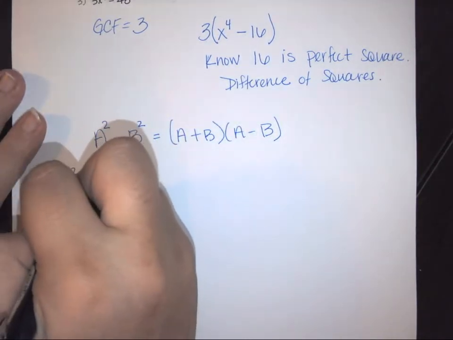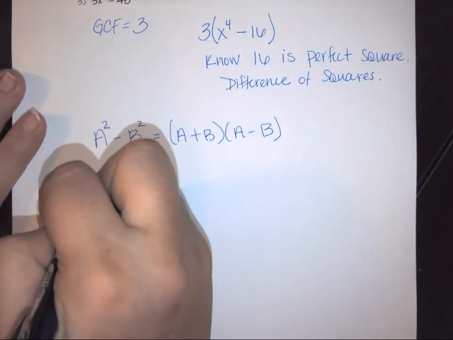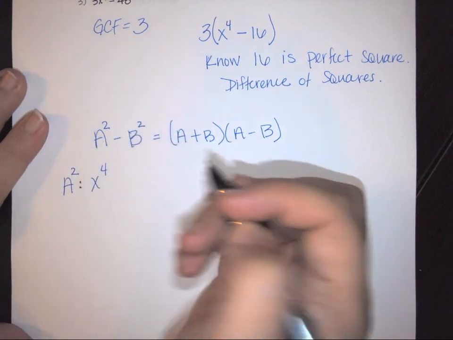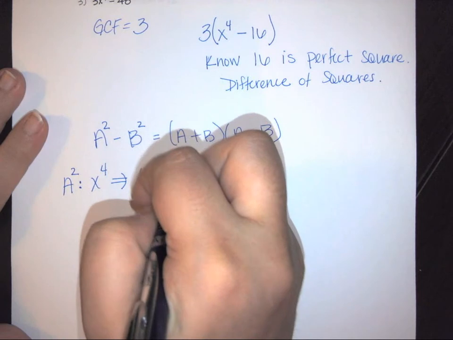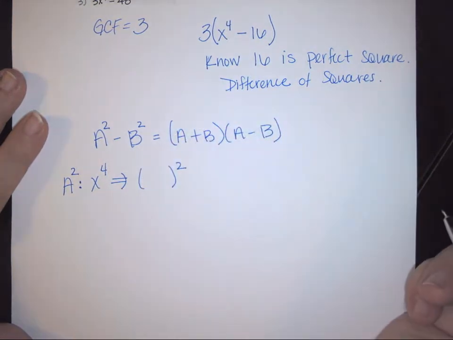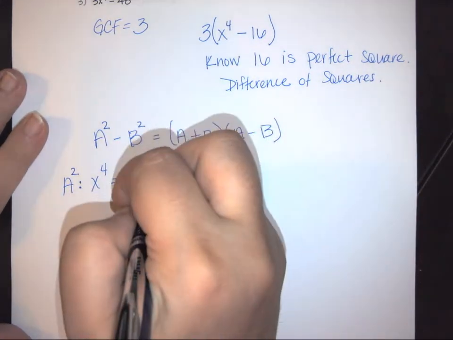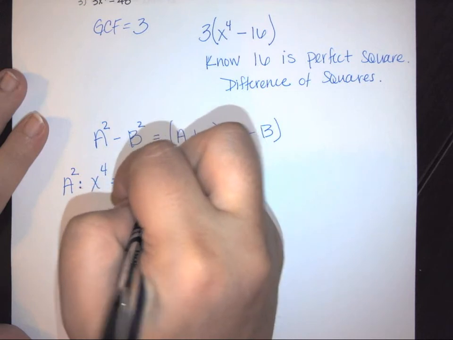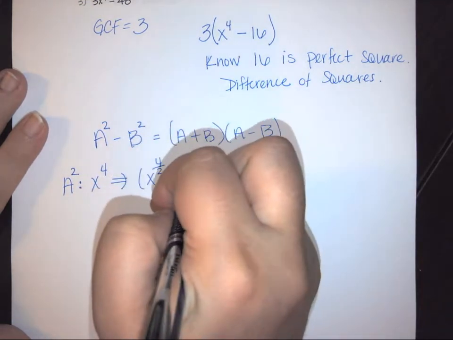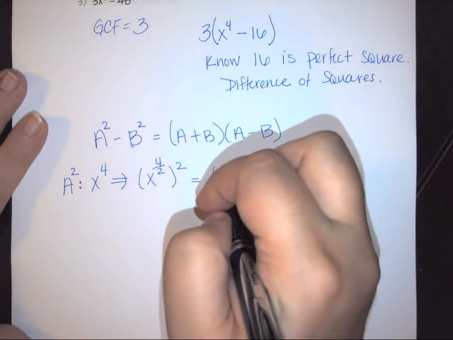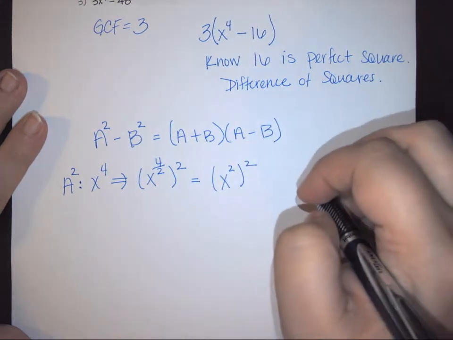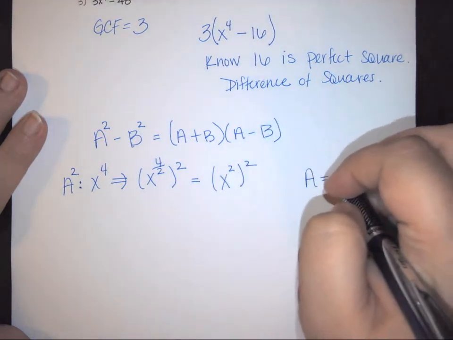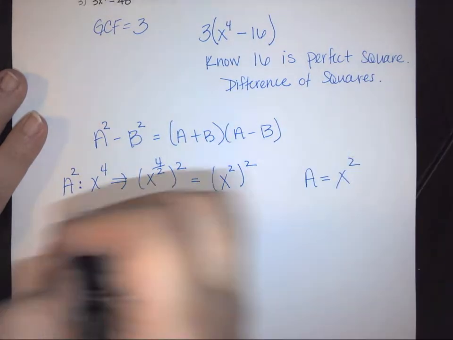So my a squared is going to come from x to the 4th. When we look at that, again, just like with our cube, we have to turn x to the 4th into something squared. So this is going to be x to the 4 divided by 2, which is going to simply be put as x squared squared, making my a term x squared.